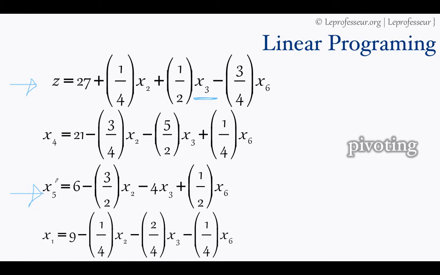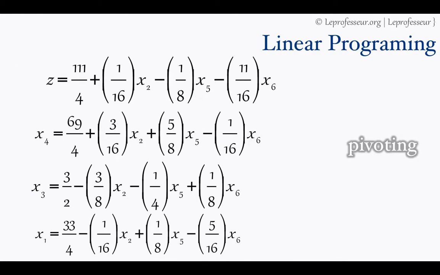So let's focus on this. We find the value of x3 in terms of x5 and x6 from this equation. Then, after finding the value of x3, we substitute it in our objective function equation, and our objective function would look like this.